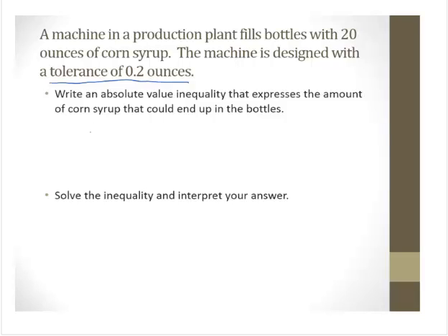All right, so the actual amount in there is going to be close to 20. So let's call x the actual amount. Well, what we know is that if we take the difference of the actual amount and 20, it should be close to 0.2.